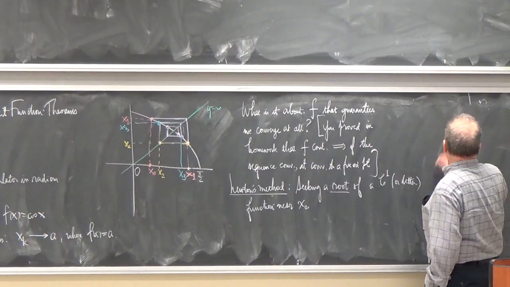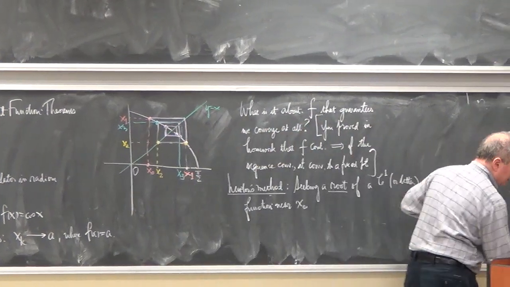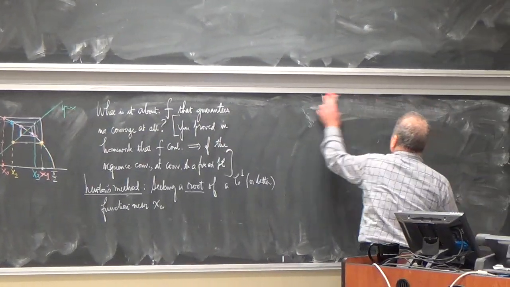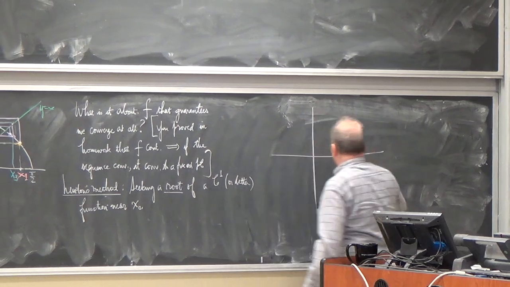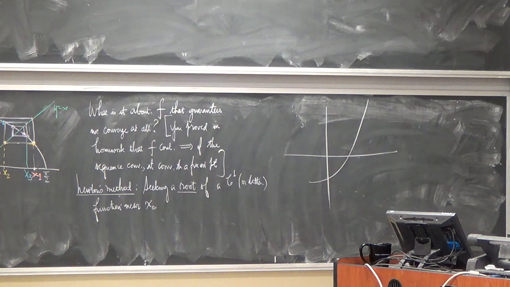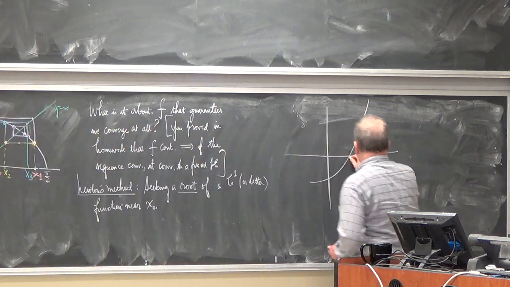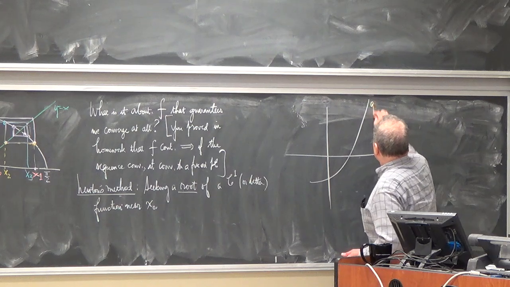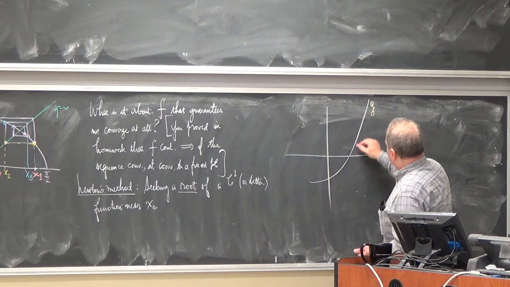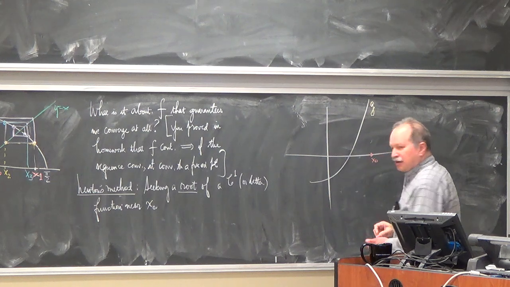The picture for Newton's method: this is the graph of g, and you're looking for a place it crosses, and suppose you started at x0.